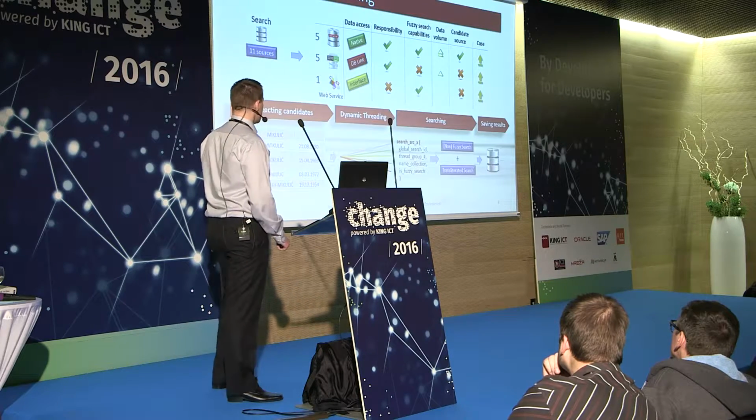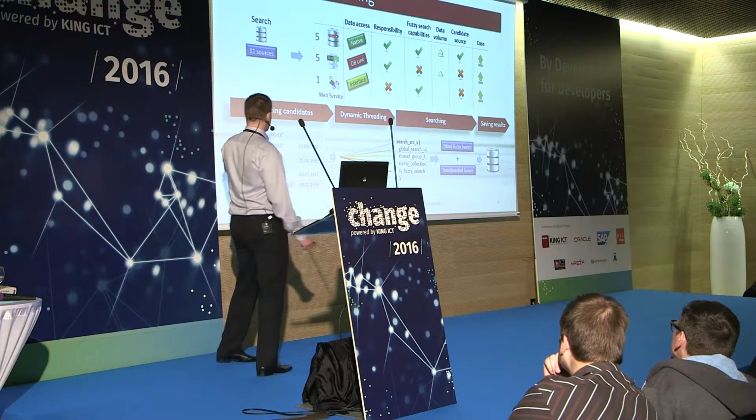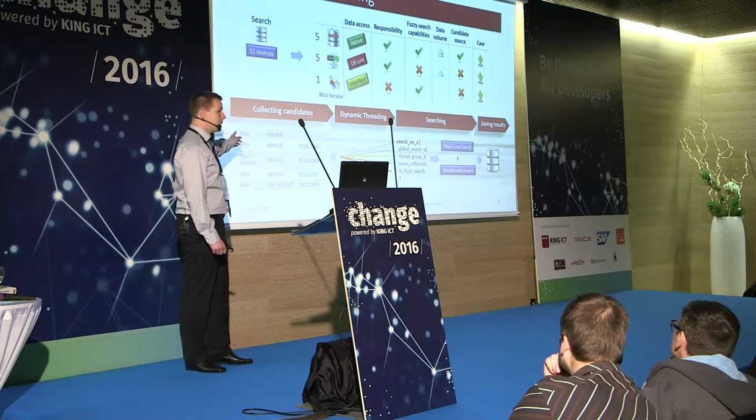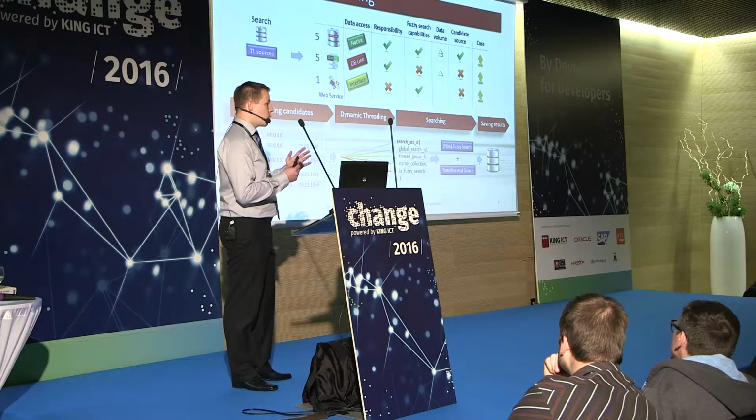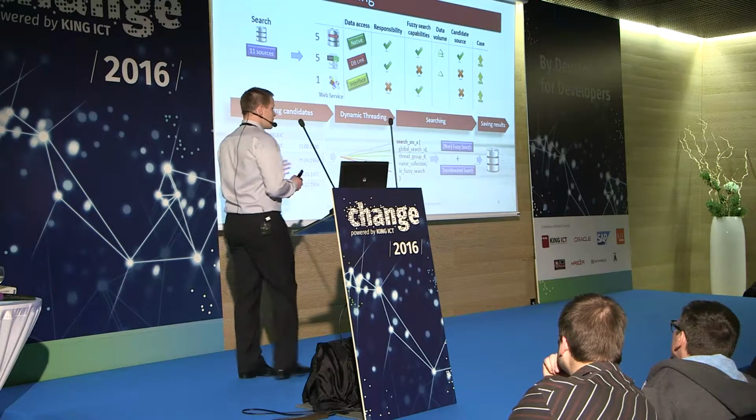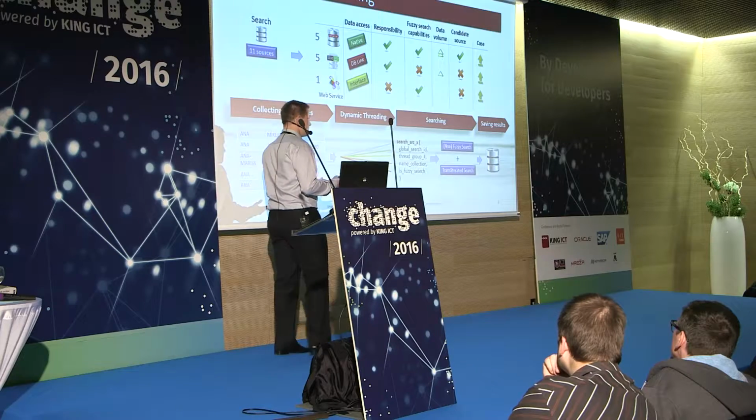Our solution was split into 4 stages. Stage number 1, collecting candidates. This is the black box. The next step is creating dynamic threads. We call them thread groups, which execute in parallel in order to speed up the search.